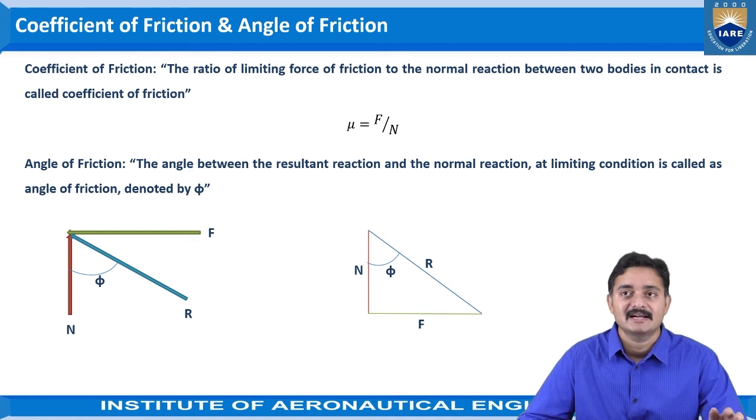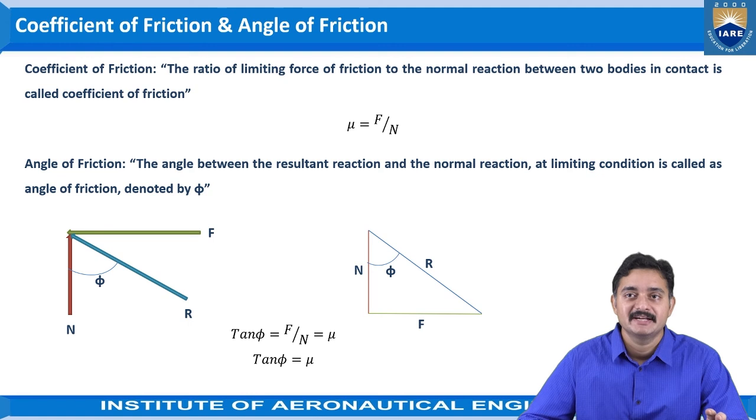If we apply the triangle from these three forces, we can observe the angle of friction like this. And tan phi can be obtained from this right angle triangle as F by N, that is equal to mu. So directly the relation can be obtained as tan phi is equal to mu. So there is a relation between angle of friction and the coefficient of friction.